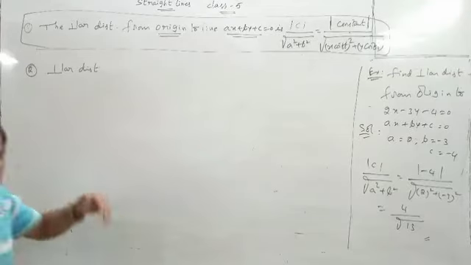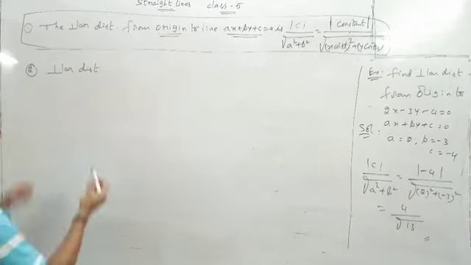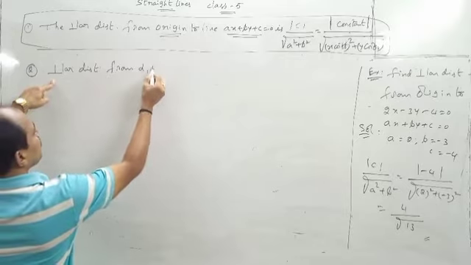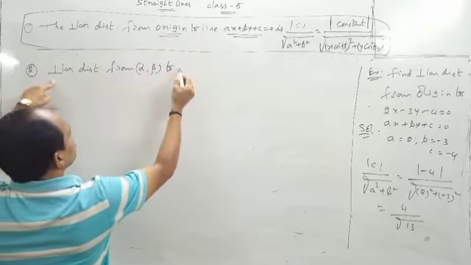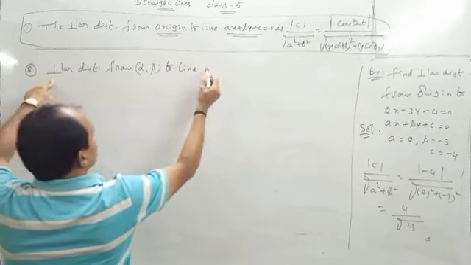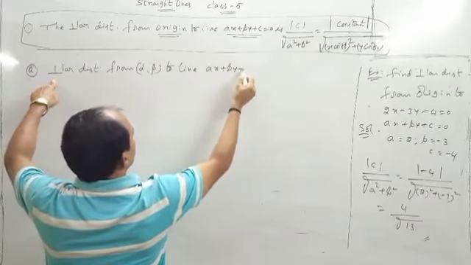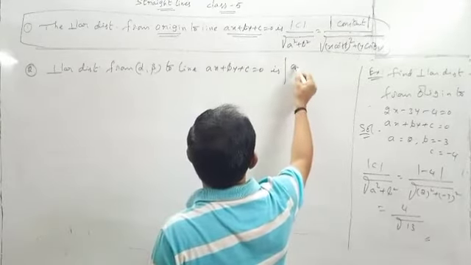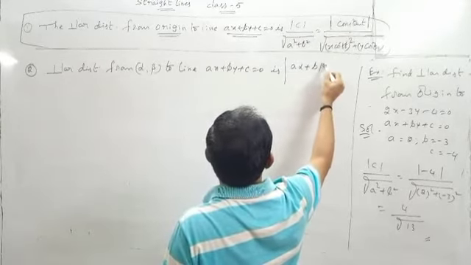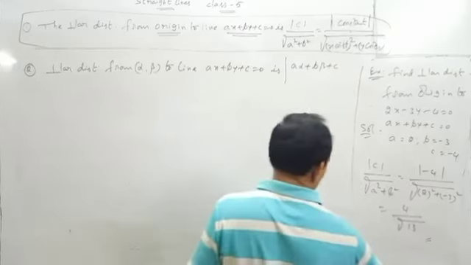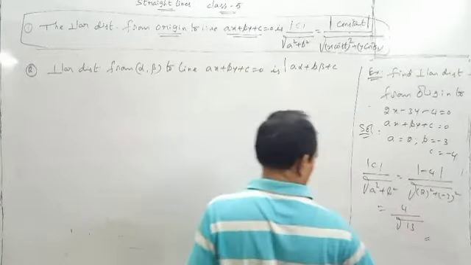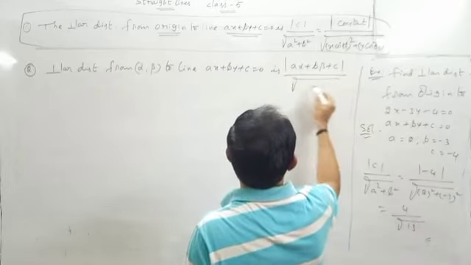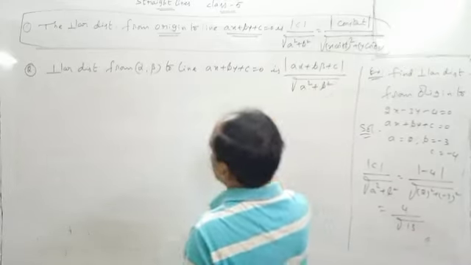Next, one more formula we are going to prove. Perpendicular distance from alpha comma beta to line ax plus by plus c is equal to 0 is modulus of a alpha plus b beta plus c by root of a square plus b square.